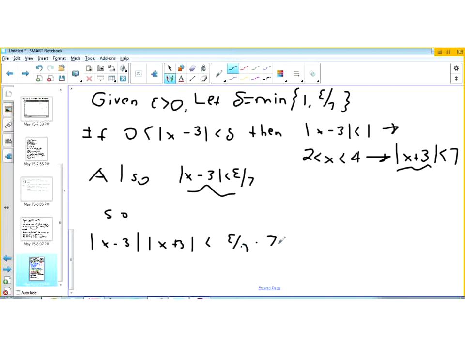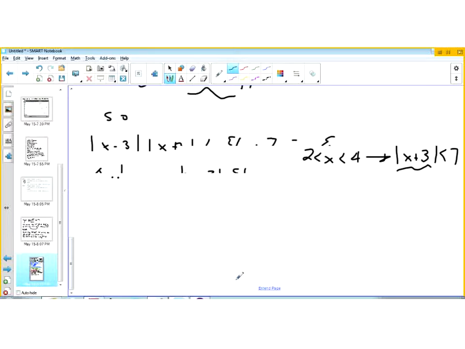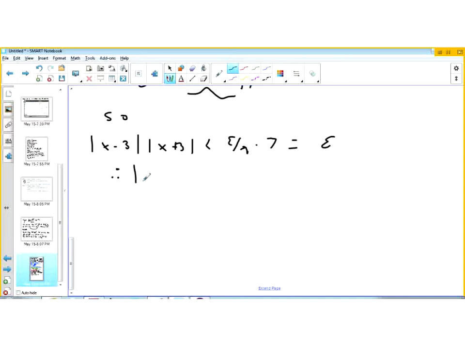So we have the absolute value of x minus 3 times the absolute value of x plus 3 is less than epsilon over 7 times 7, which equals epsilon.